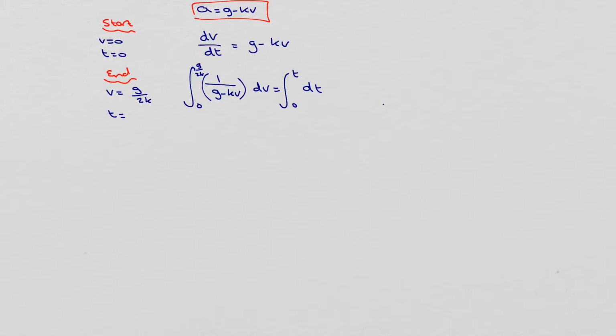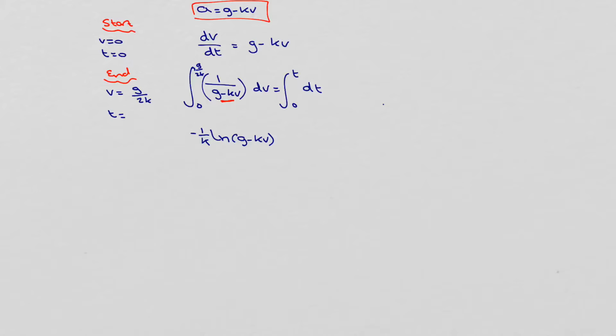So if I integrate 1 over g minus kv, well, that's 1 over a linear function. And if we have a constant over a linear function, when I integrate, it's natural log of the denominator divided by the denominator differentiated. So if I differentiate g minus kv, I get minus k, so it's minus 1 over k.